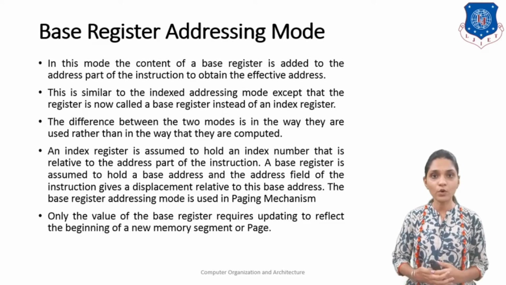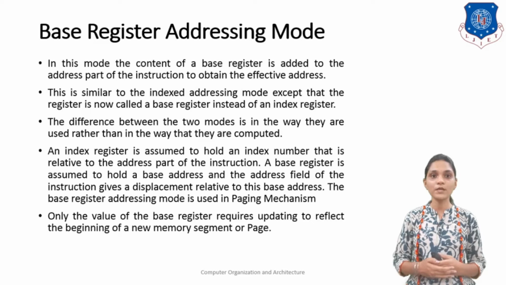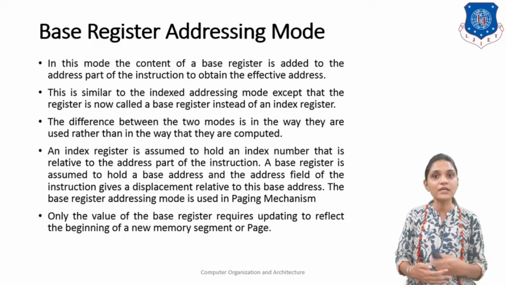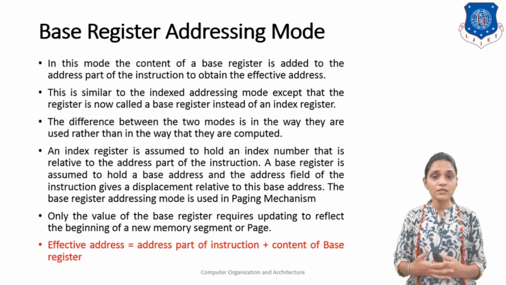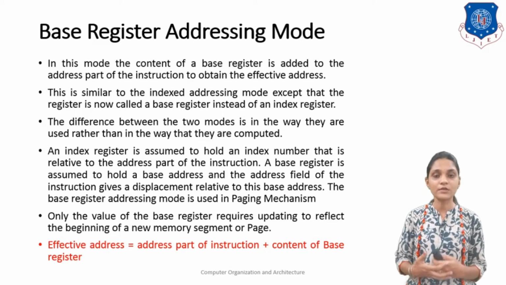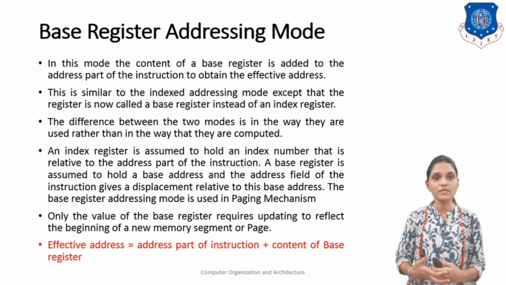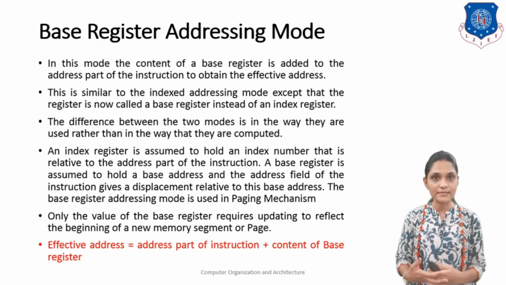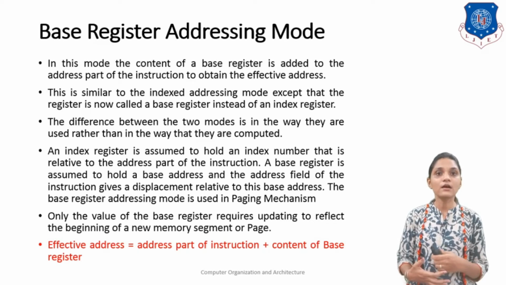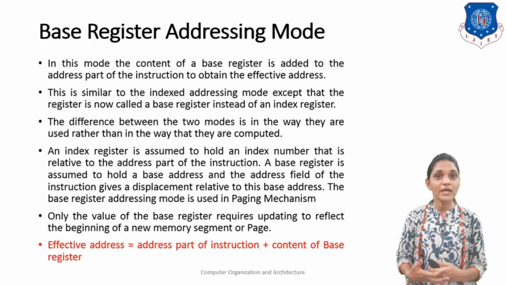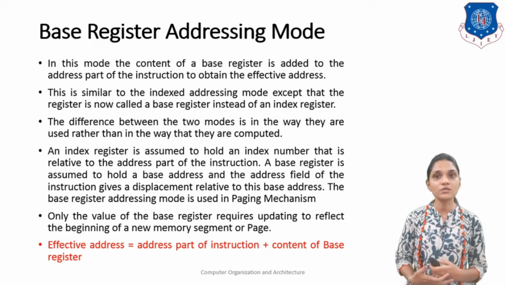So only the value of the base register is required to be updated to reflect the beginning of the new page. So you just need to change the value of the base register. So here the effective address will be the addition of two terms, that is the content of your base register and your address field. Okay, so in this way you can use this base register addressing mode.